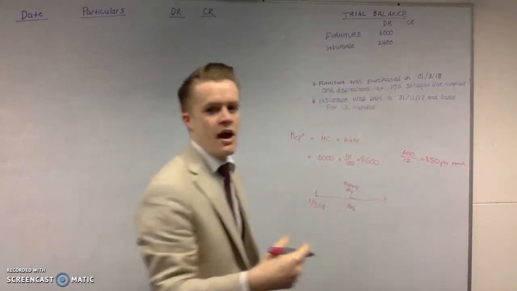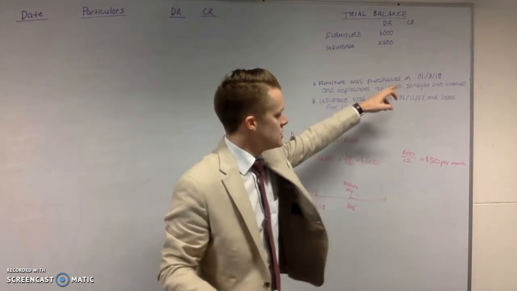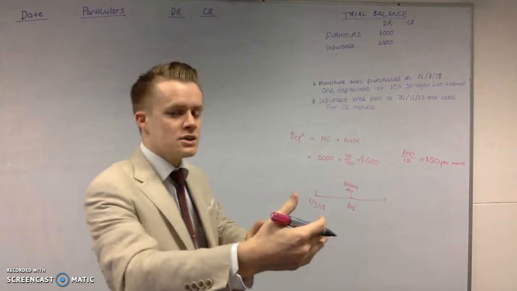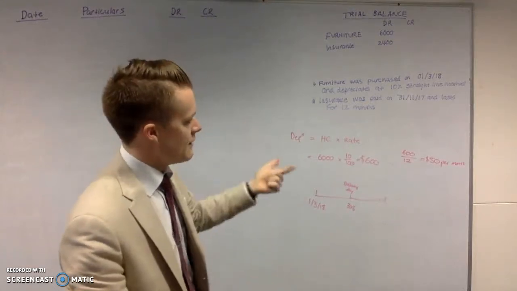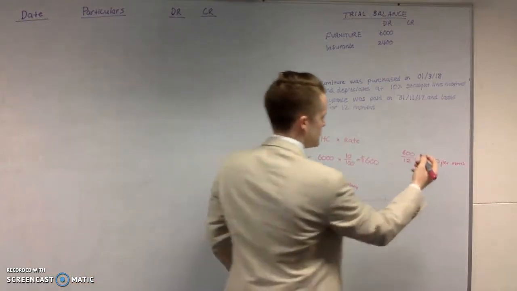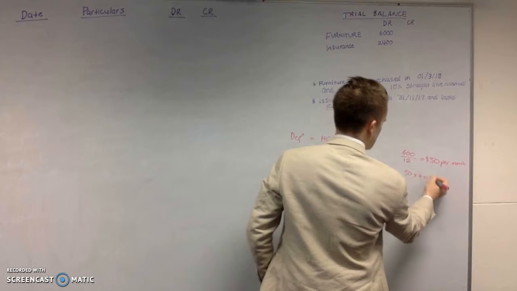Now it's about figuring out how long we have the asset for. If we bought it on the 1st of March, we've had the asset for March, so all of March, April, May, and June. So we've had it for 4 months. So 50 times 4 is going to be $200.